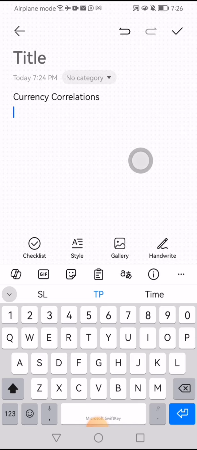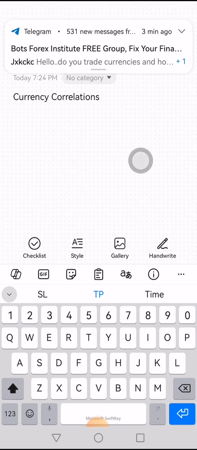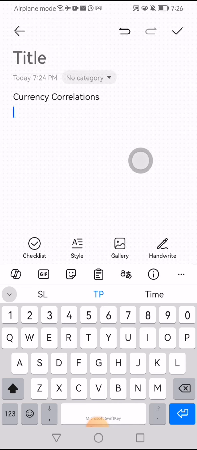I hope that makes sense. So for currency correlation, we have positive correlations and negative correlations.